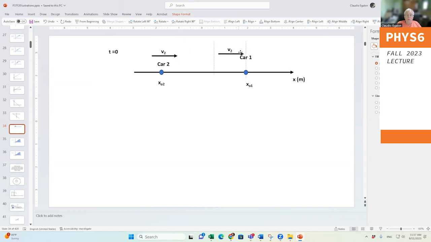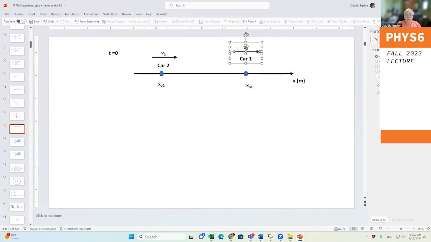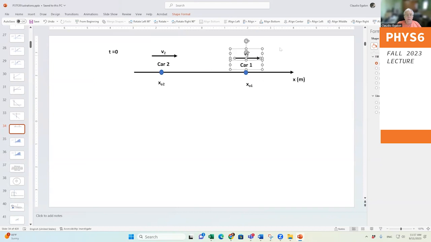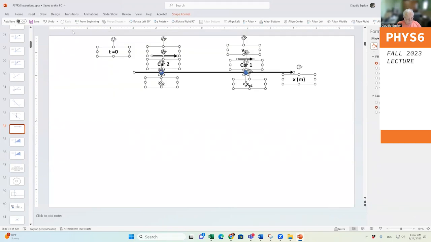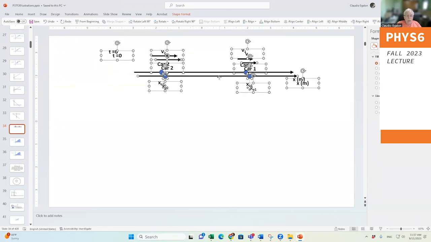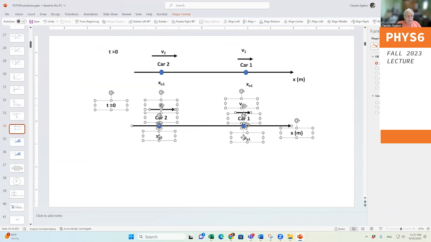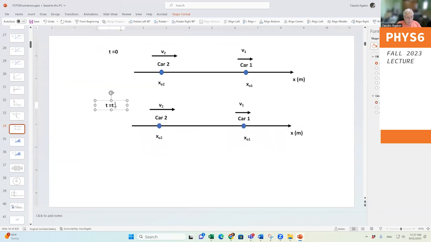That's the illustration we usually do, so students can understand better in a graphical way. It's easier to understand the drawing than to understand words, right? And the velocity of 1 is shorter, right? Okay. A little bit later, what's going to happen? A little bit later, I'm going to call that T1.